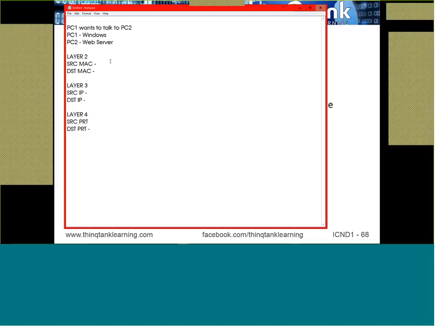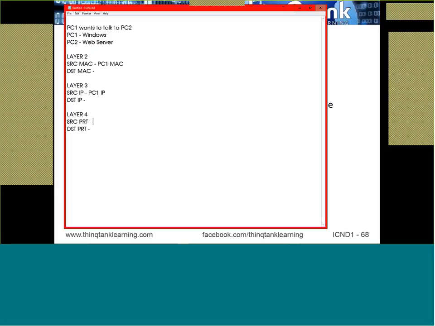PC1 is sending information to PC2. Do I know what the source MAC address is of that data? It's me, right? PC1. You guys agree with that? Do I know what the source IP address is of the data? Yes, sure, it's PC1's IP. Do I know what the source port is?